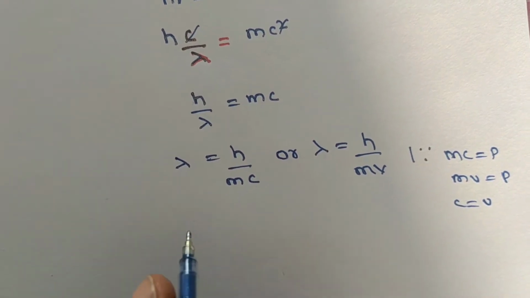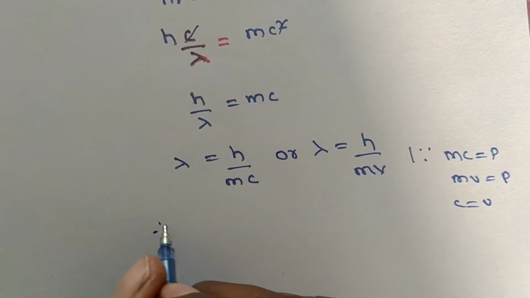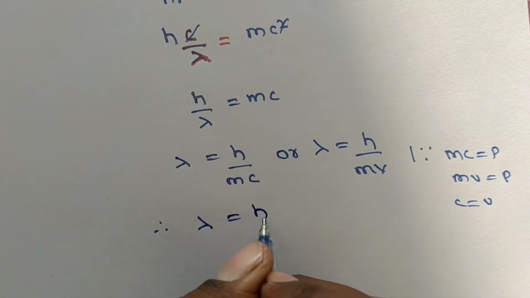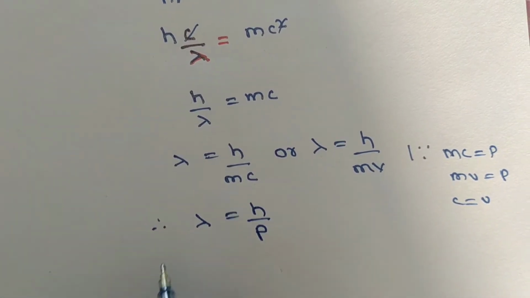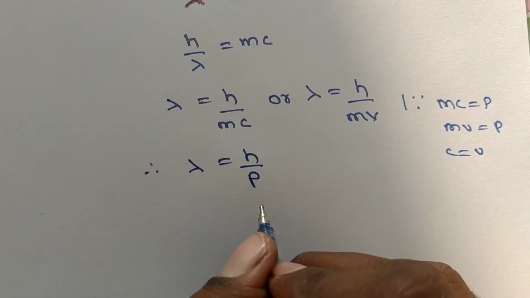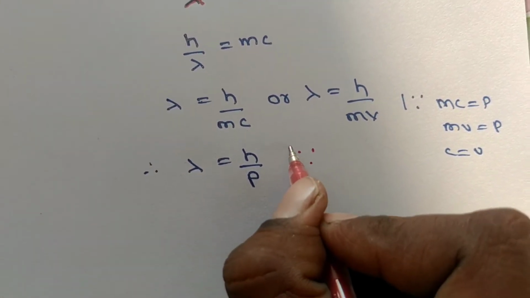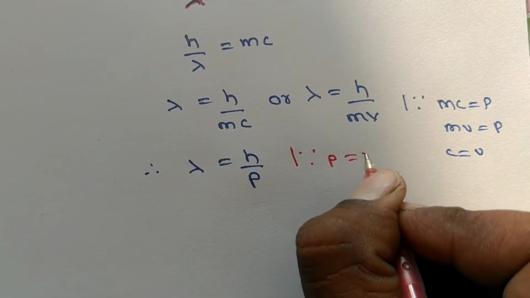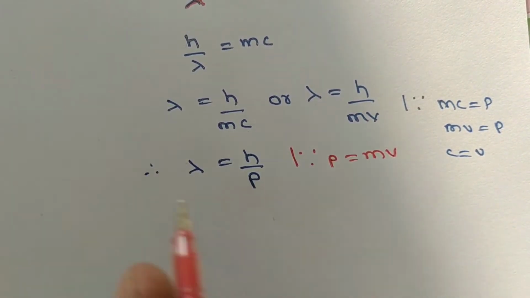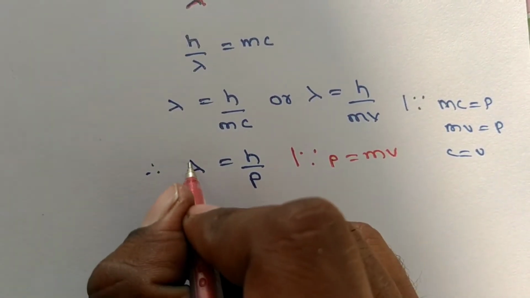Therefore lambda is equal to h divided by p, because p is equal to m into v, mass into velocity. Momentum is equal to mass into velocity.